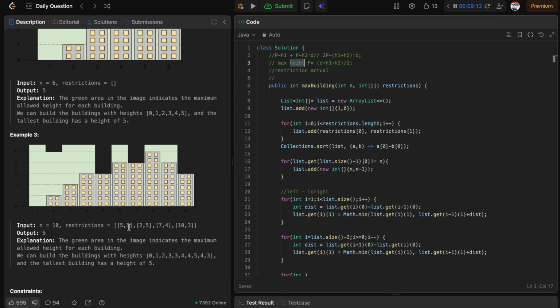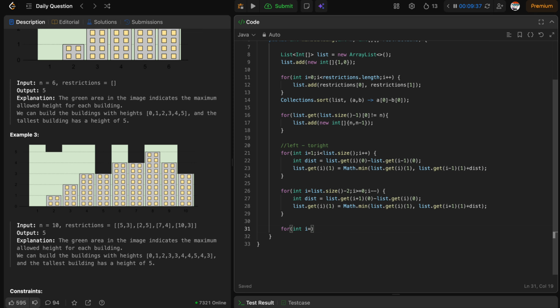Suppose 2 to 5 and 5 to 7, how much can we achieve in between these two, because we already know this much is already there and this much is already there, as we mentioned. Then we can only increase.